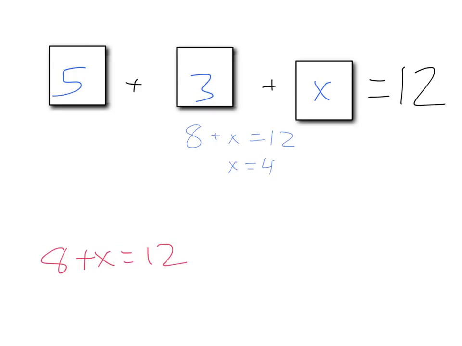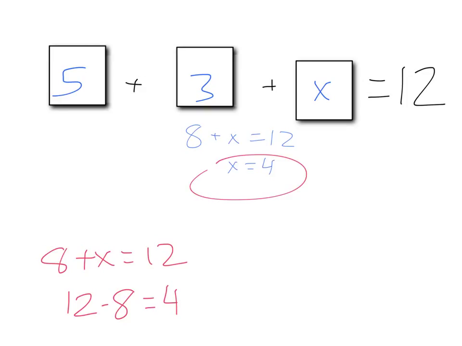So in this case, essentially what you're doing is, because we were adding, we're just going to flip that around and subtract, and move the pieces around in this equation so that we can subtract. So I'm going to take 12 minus 8, because we had a plus sign up here, so we have minus. 12 minus 8 equals 4, and that gives me that same answer of x equals 4.